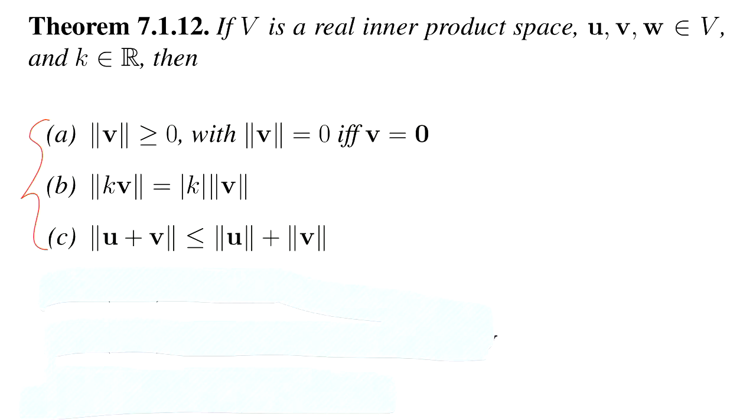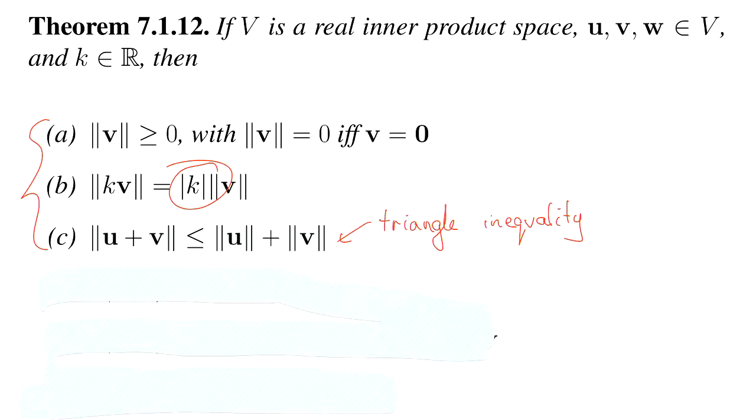And scalars you can just drag out. That's homogeneity. That follows from linearity. And you get this thing called the triangle inequality. Which is crucial.